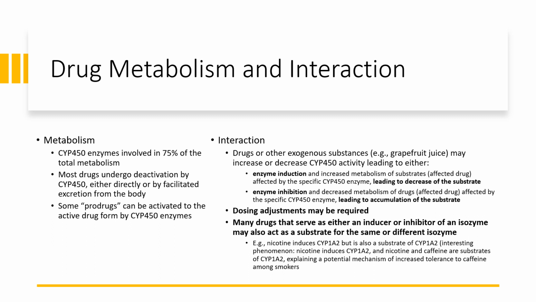Many drugs may increase or decrease the activity of various P450 isozymes, either by inducing the biosynthesis of an isozyme, which is enzyme induction, or directly inhibiting the activity of the P450 enzyme.